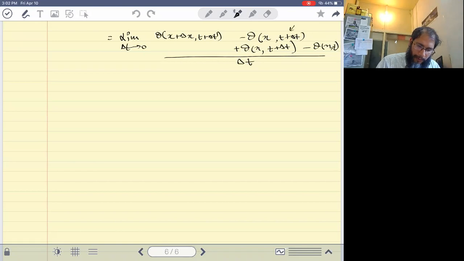So we have added and subtracted theta at x comma t plus delta t.